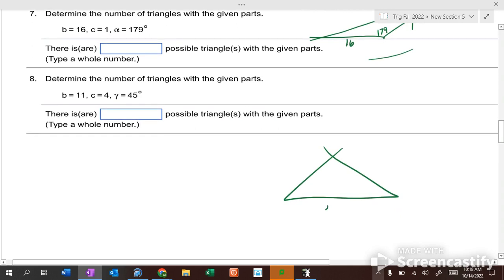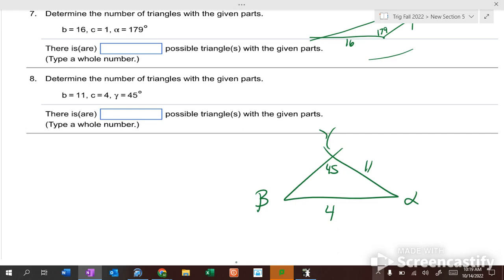So here, on this one, C is 4. It's opposite of a 45-degree angle. B is 11. So let's make beta there, gamma there, alpha here. Okay. Is this side angle side? No. Is it side, side, side? No. It's side side angle.